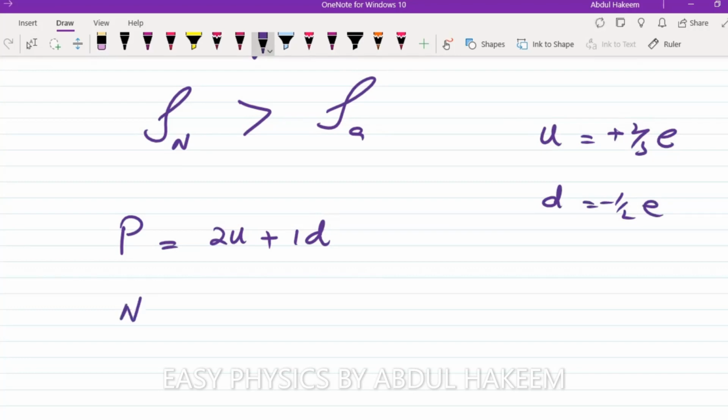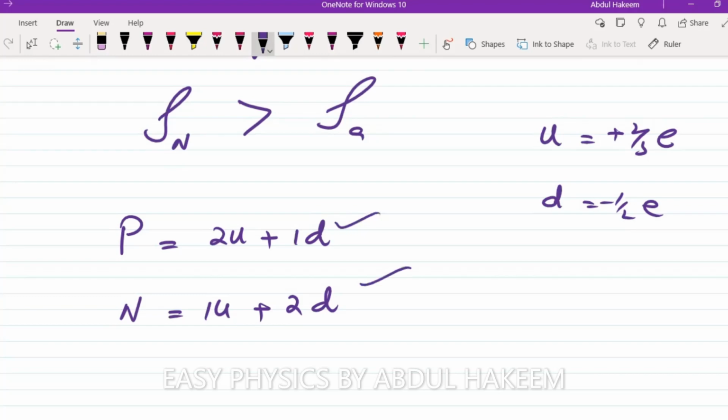And the neutron has 1 up and 2 down quarks. That's why it's neutral. And if any particle inside the nucleus contains an anti-quark along with the quark, that is not called a hadron, that is called a baryon.